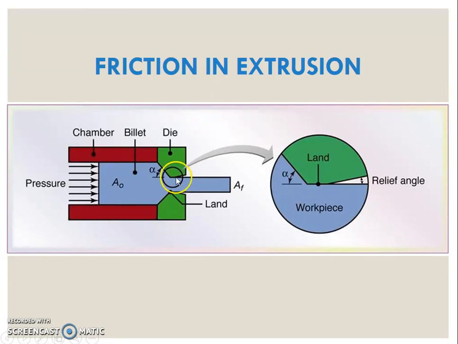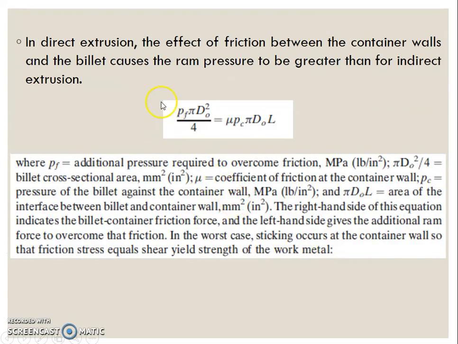It depends on the angles and also the length L, which is the length of the workpiece touching the die. Due to that, the calculation of the ram pressure is a little bit different from the indirect extrusion.